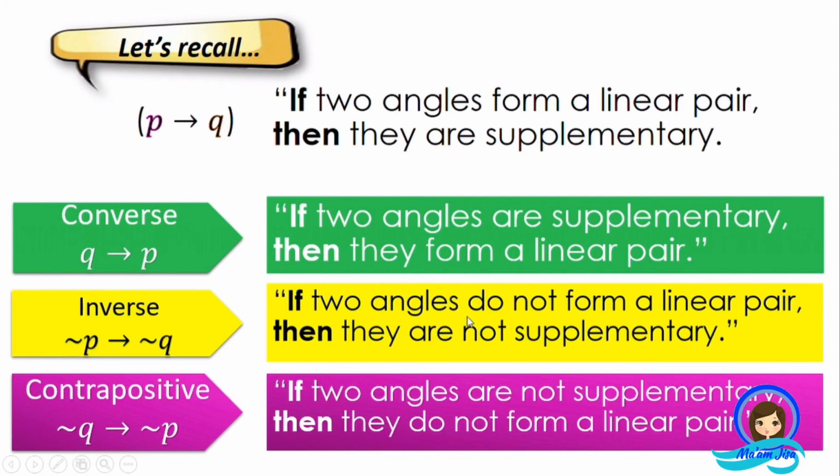In this example, if two angles form a linear pair, then they are supplementary is logically equivalent with if two angles are not supplementary, then they do not form a linear pair. And of course, the converse and inverse, if two angles are supplementary, then they form a linear pair, is logically equivalent with if two angles do not form a linear pair, then they are not supplementary.